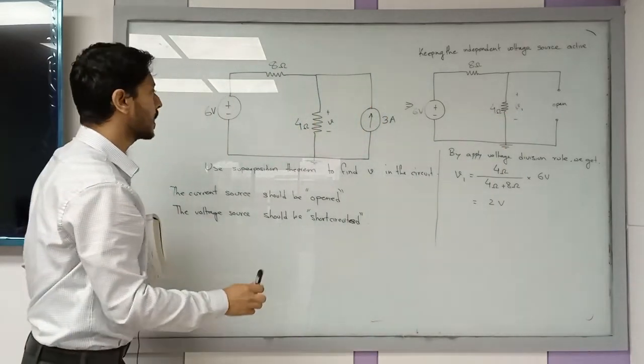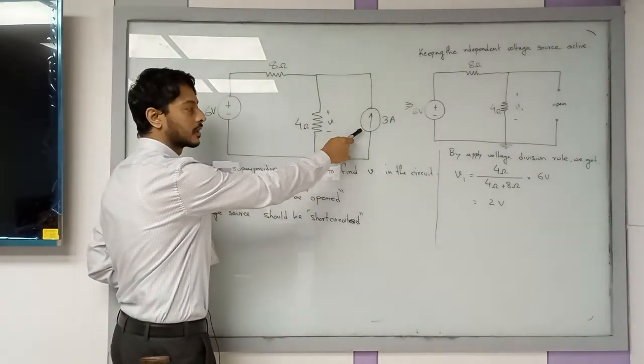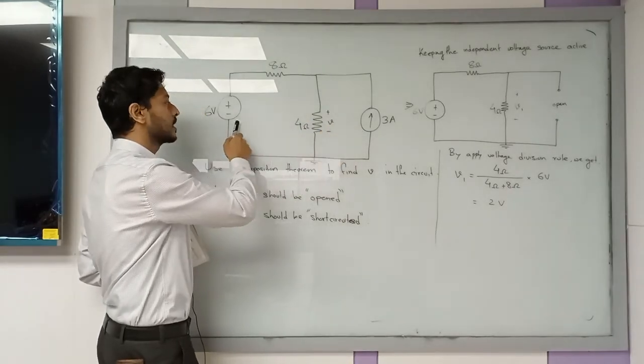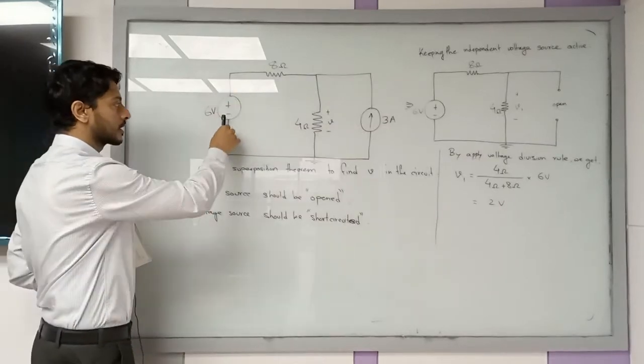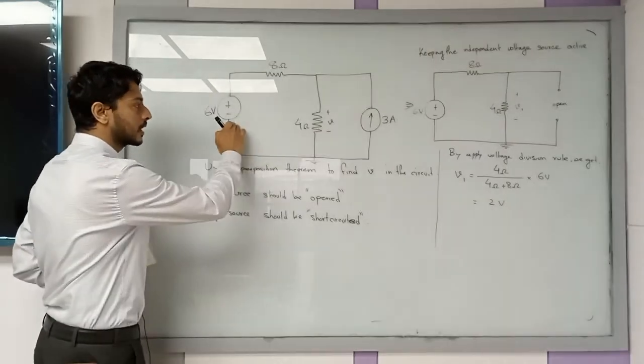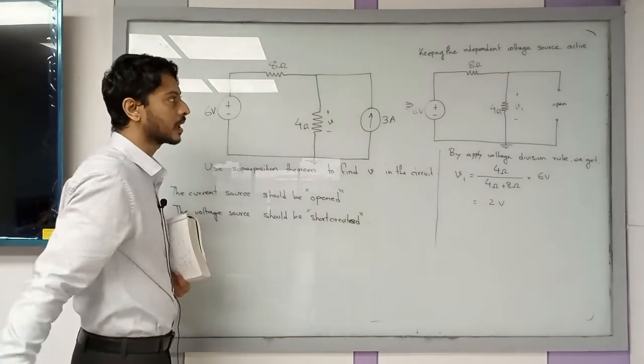So you have found V1 from here. Now you have to make this source alive and this one switched off, right? So you have to short this, and you have to make this count. Okay?